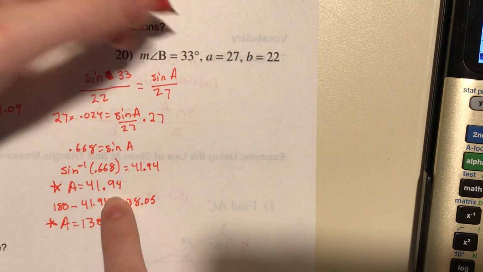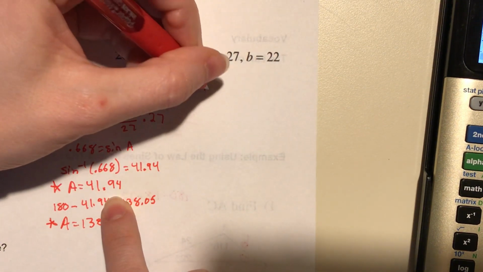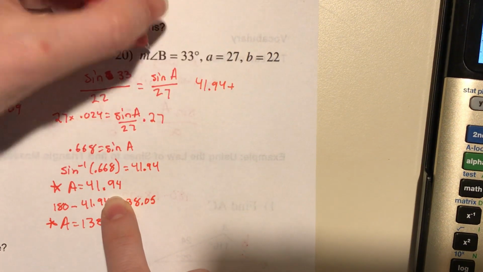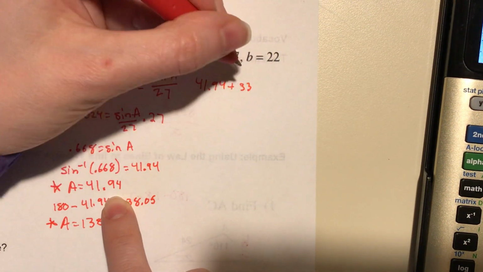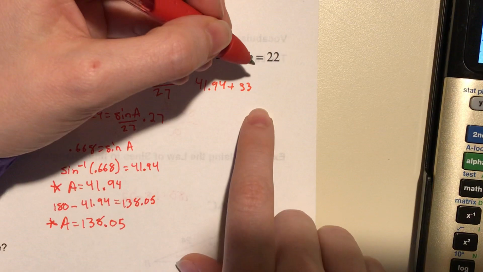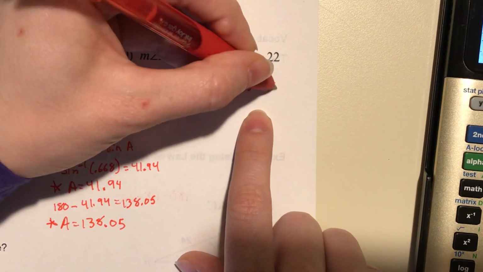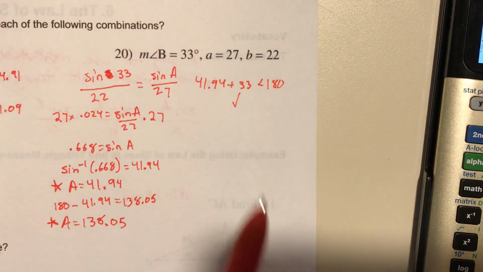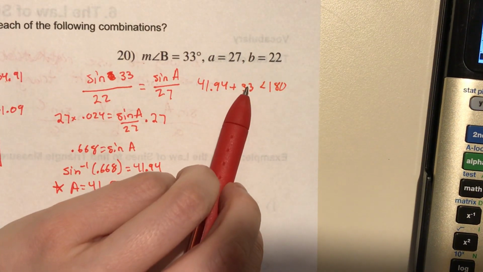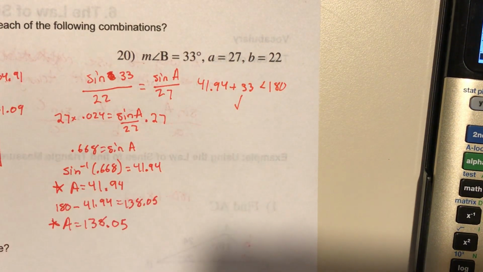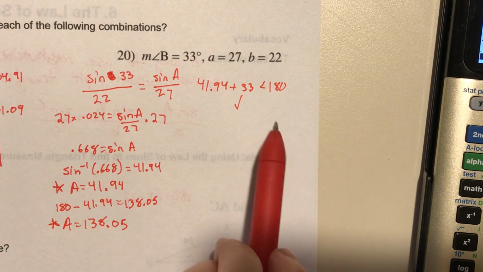So if this A of 41.94 was to combine with this B of 33, would there be space left for 180? Let's see. Together they make less than 180. So that works, right? These 2 angles plus a third angle somewhere are going to make less than 180, and they're going to be the angles that we need.